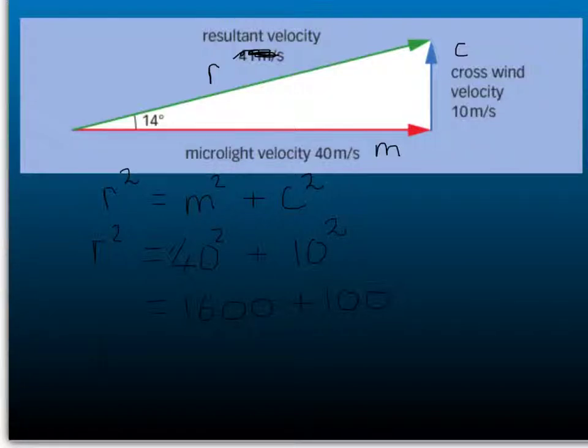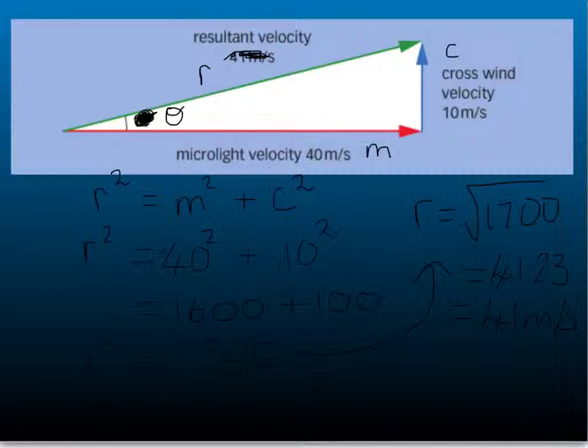So that means that R squared is 1,700. That means that to find out R, we need to do the square root of 1,700. This gives us 41.23 as our value for R, our resultant velocity. So we can round that down to 41 meters per second.